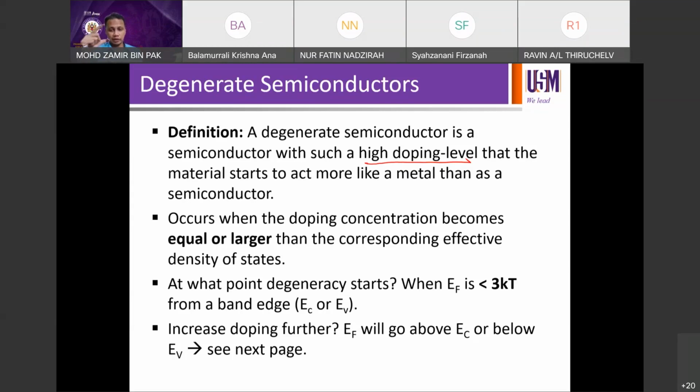But within this extrinsic, there's a range where the semiconductor will turn into a degenerate semiconductor, still within the extrinsic semiconductor domain. So the value of doping must be very high to be eligible to be called a degenerate semiconductor.